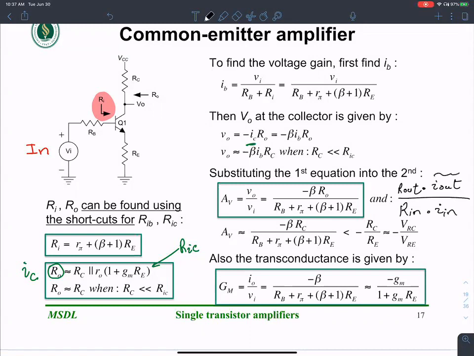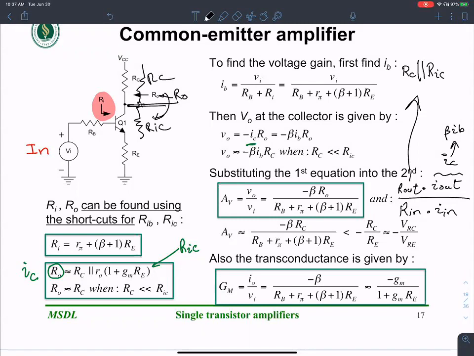I output is IC, and IC is the same as beta IB. R output is RC in parallel with RIC. If you look at the resistance R0 looking in, you would find one RIC over here, one RC over there.